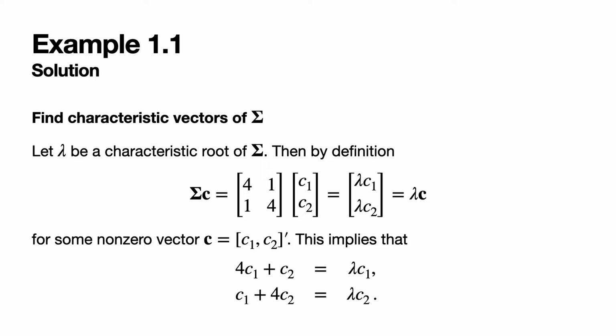Okay, so we can see here that internally the entries in the 2 by 1 c vector are labeled c1 and c2.